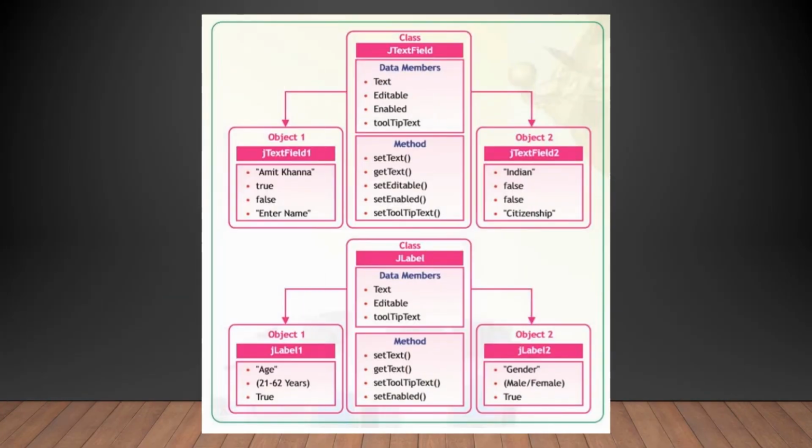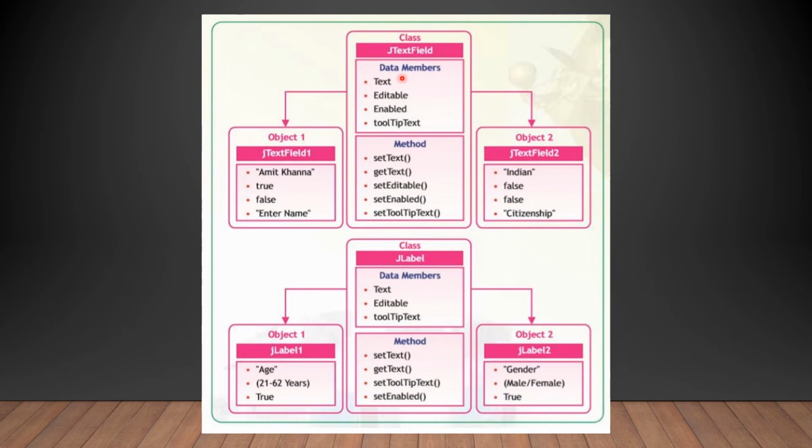Now here we are talking about another example, class JTextField, and it has 2 objects, object 1 JTextField1 and object 2 JTextField2. The class has data members and methods.